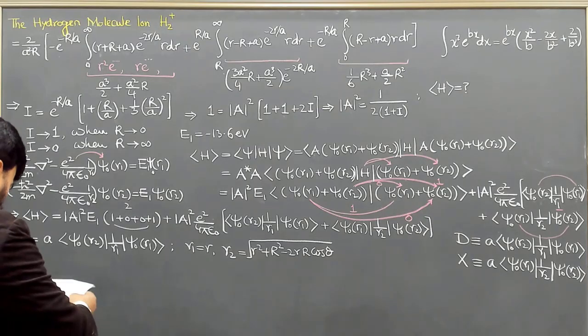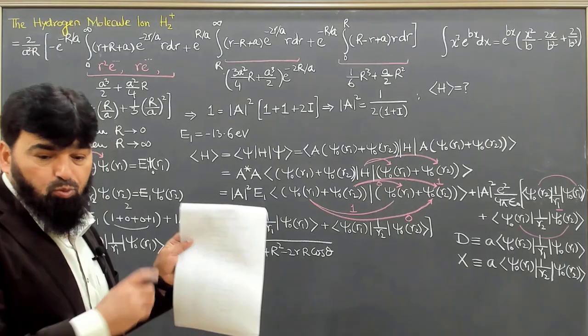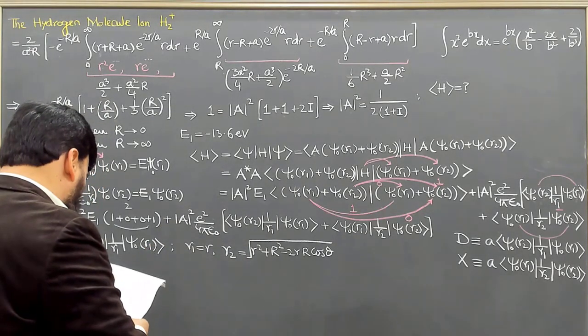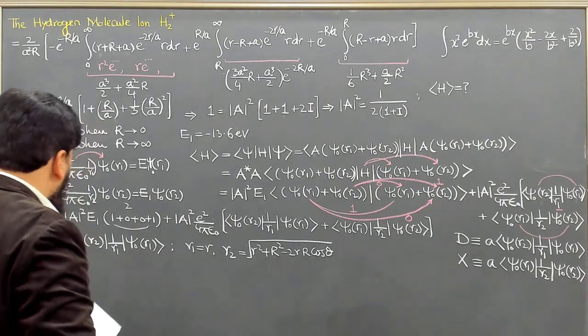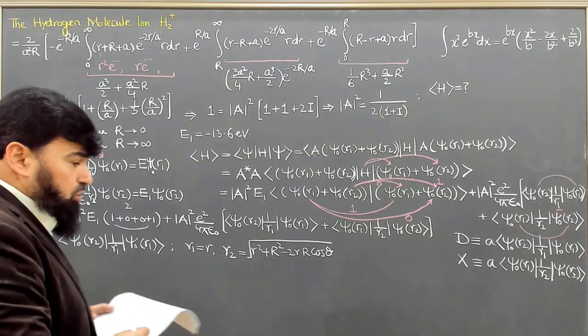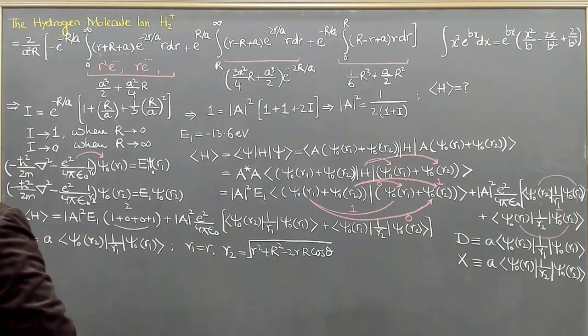So it is almost, you can say, a one-page calculation. I will share this calculation with you, but I am unable to do it here because it is taking a lot of time. But I have done it really step by step, so you will have no problem with it.